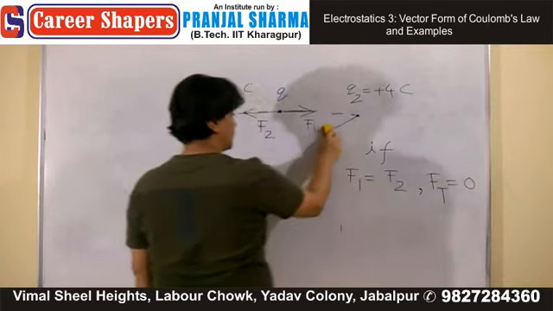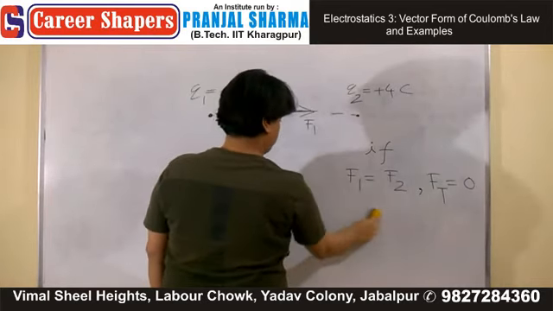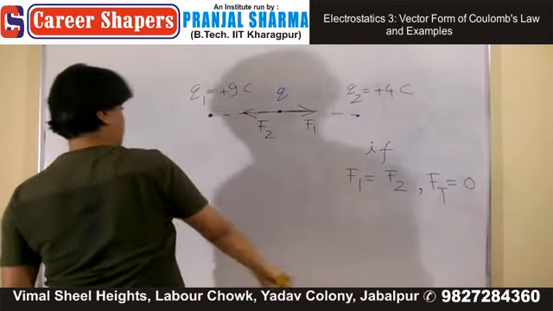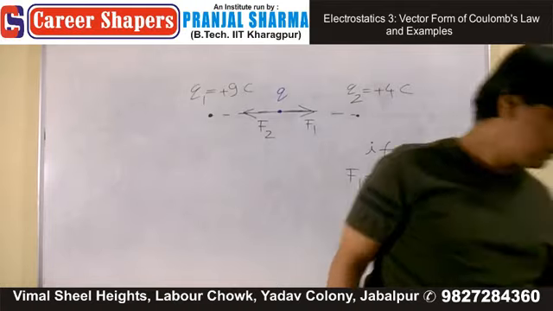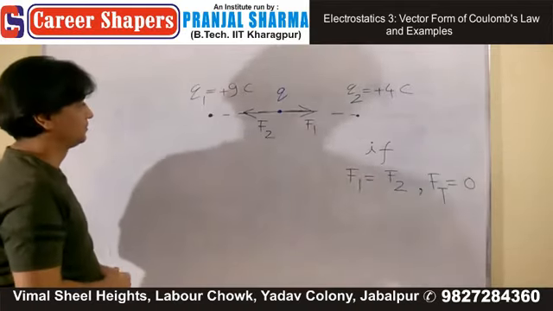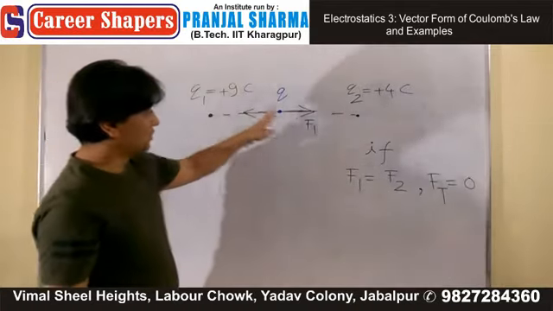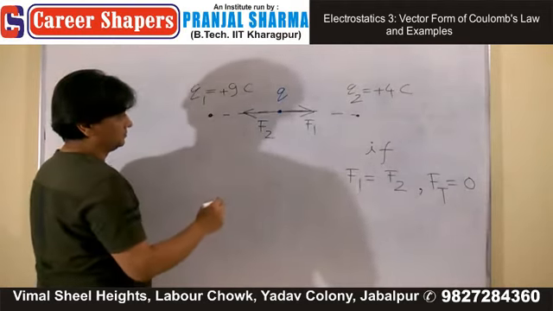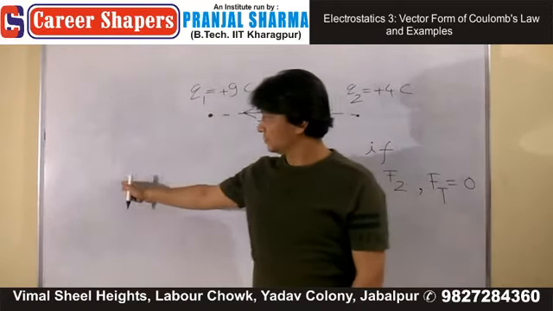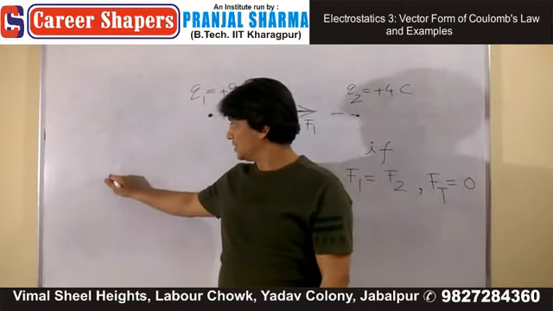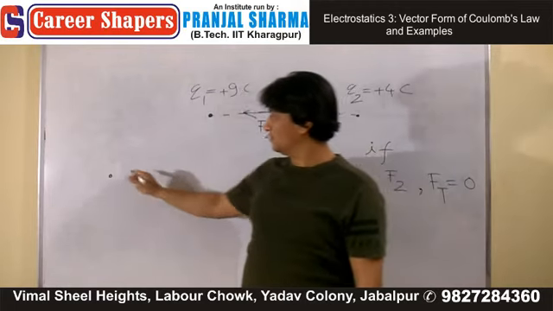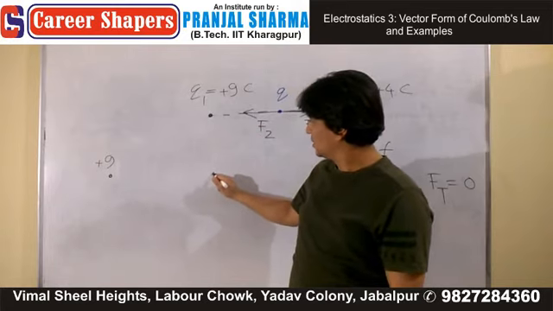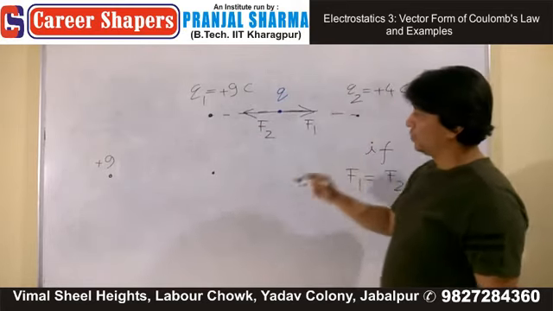Now, the whole thing is only a single equation which you must handle in this form. Look here. This is Q1, this is Q2. Say nine Coulomb, four Coulombs.